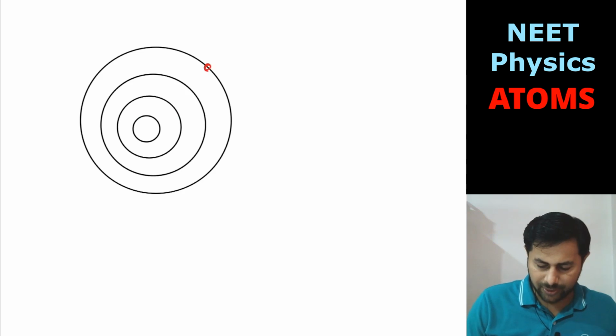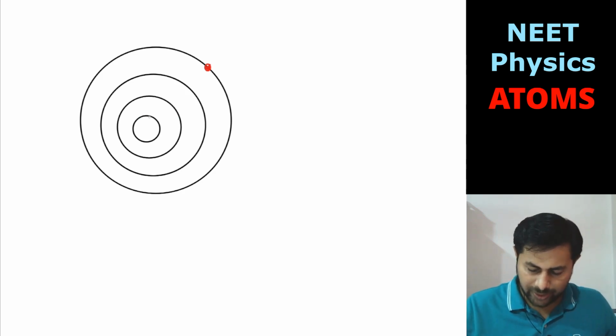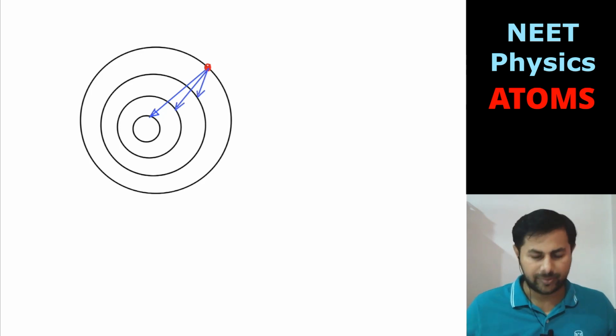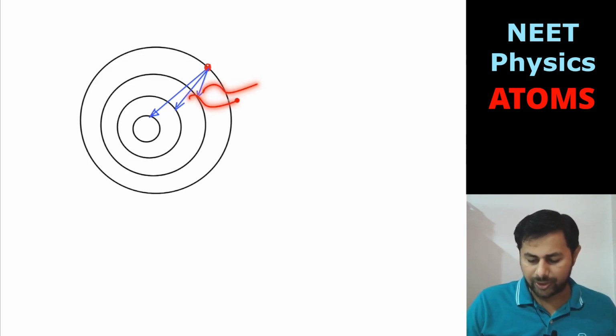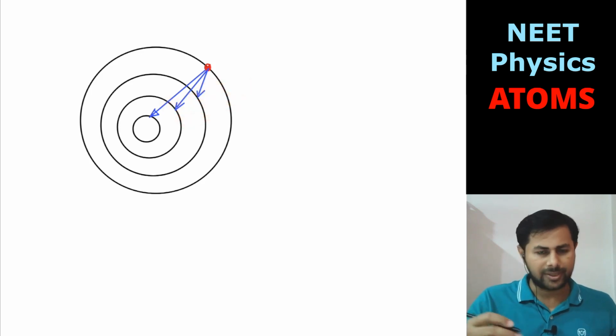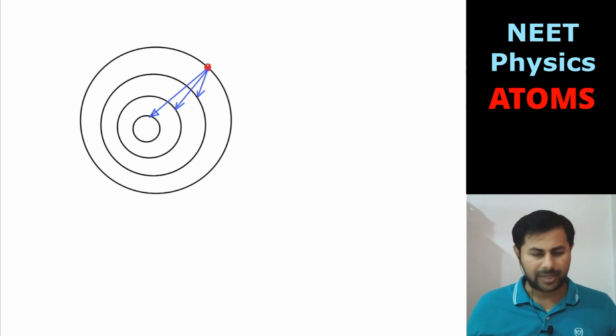So the atom is in the fourth state. It can go from fourth directly to the first orbit, or it can go to the second orbit, or it can go to the third orbit directly. So how many spectral lines will it emit? Meaning how many photons can it emit when it jumps from fourth to some state? 3 photons, 3 different spectral lines.